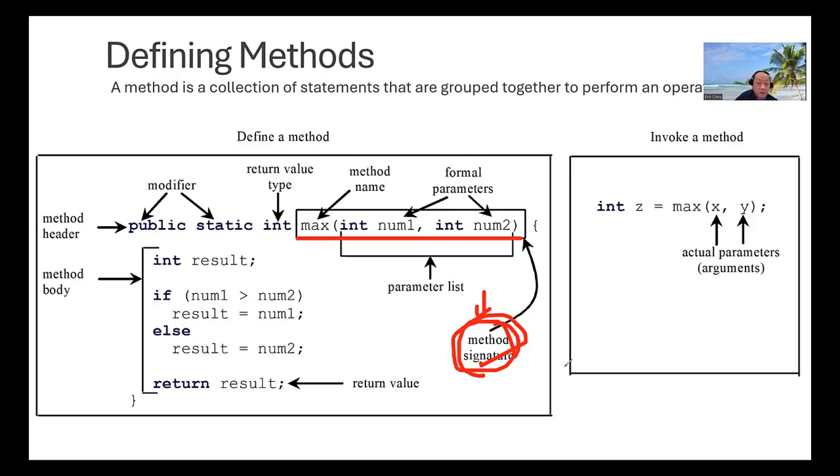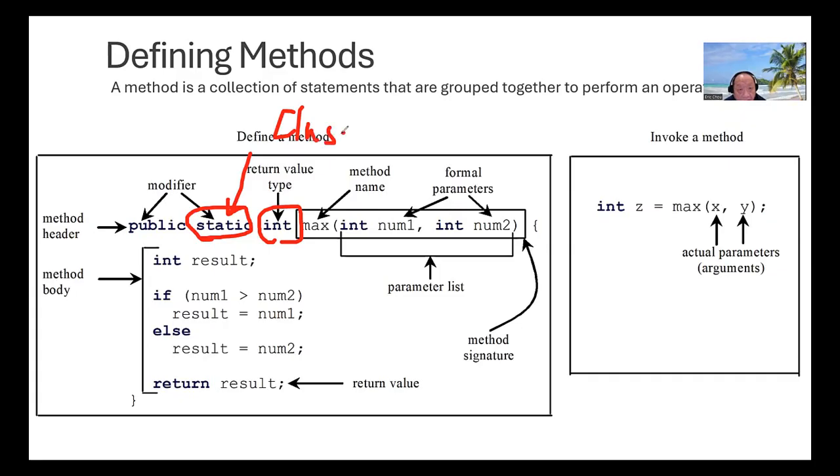Okay, so this part is called the method signature, and this part is called the parameter list. Then there is a return value. There is a storage class right here, called static. Static means it's a static function, a class function. A class function is a function defined in a class.